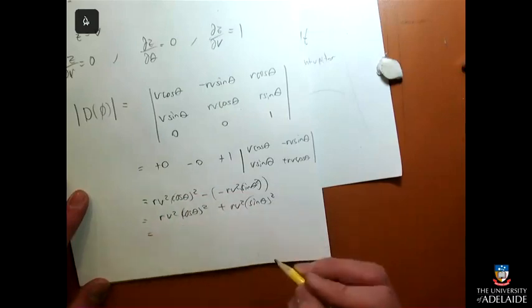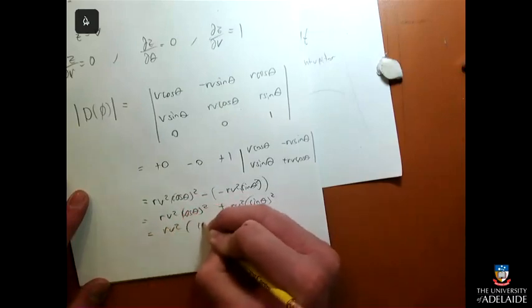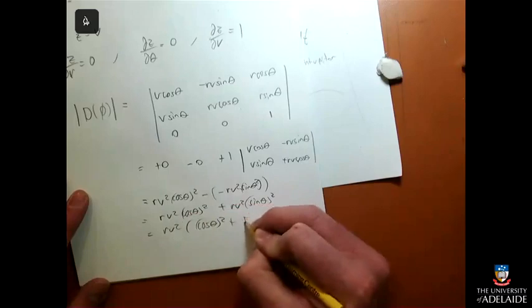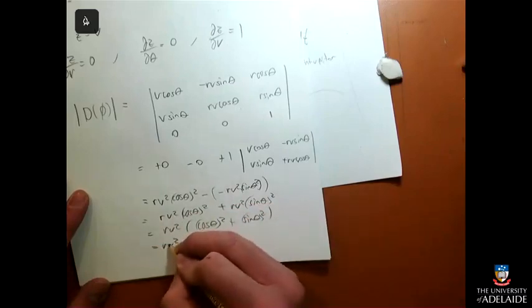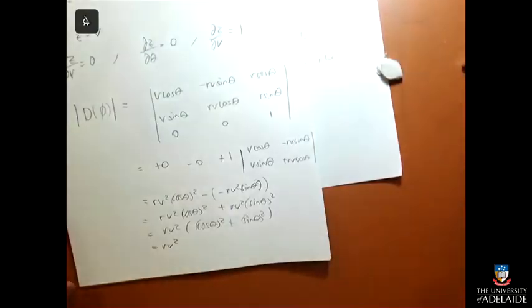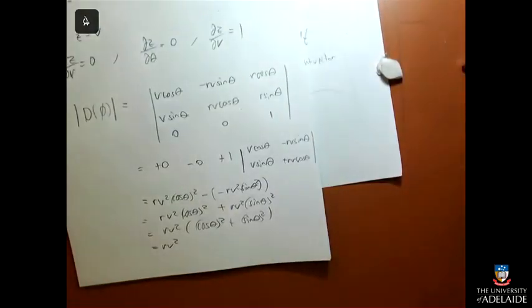Beautiful. So I've got rv squared times cos squared plus sine squared, which is 1, which is the answer I was supposed to get. Nice of the lecturer to give me the final answer so I knew what I was aiming for. Okay, cool.